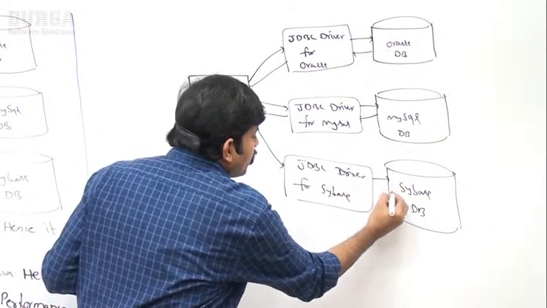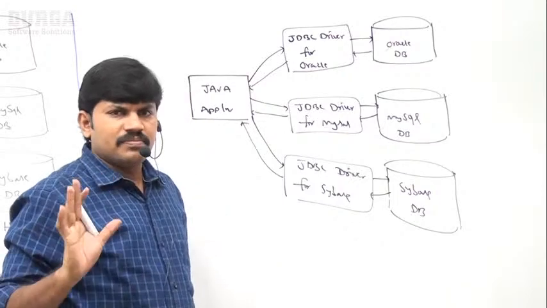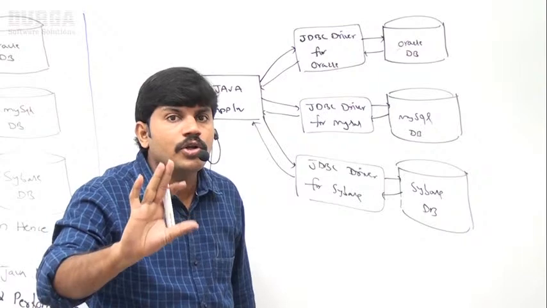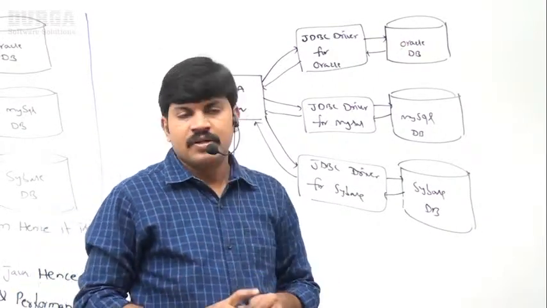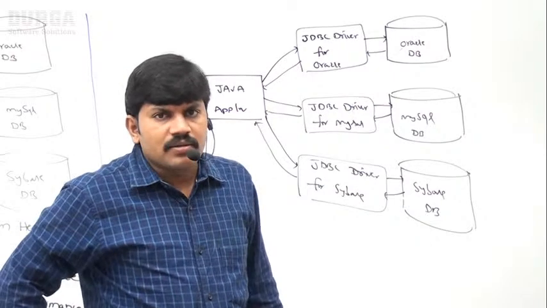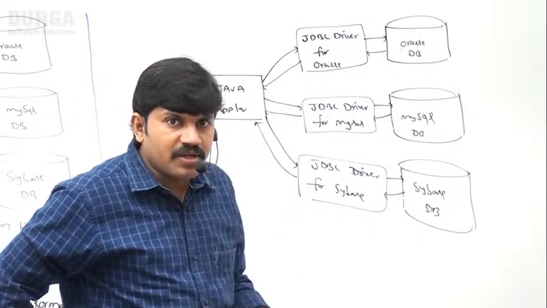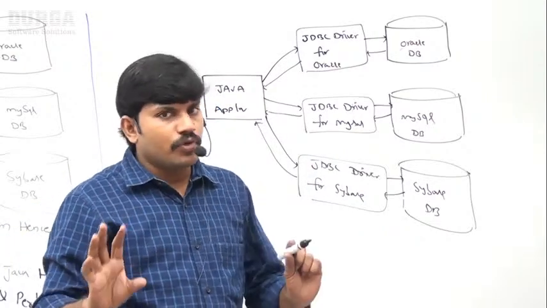Same diagram, same terminology. The only difference is that instead of the ODBC driver, we use the JDBC driver. Then you may ask: if I use the JDBC driver for a Java application, what advantage do I get compared with ODBC?